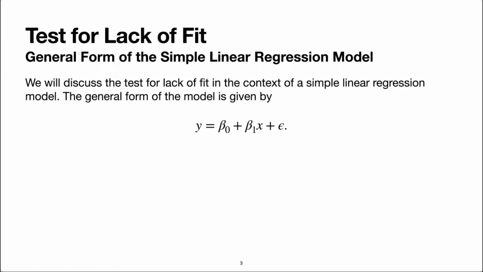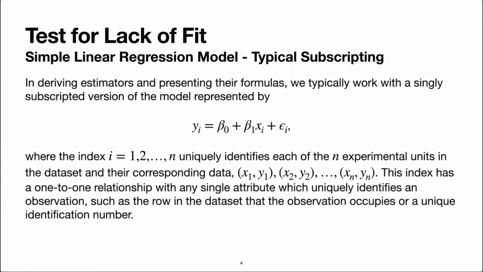And so when we're processing that kind of data in the context of a regression analysis, we need to distinguish between the models for the different experimental units. And we typically do that by using a single subscript.